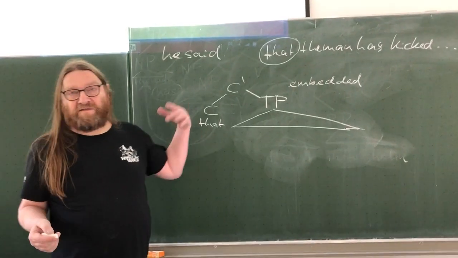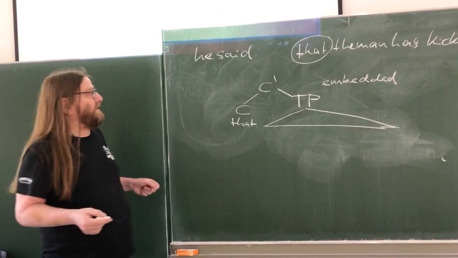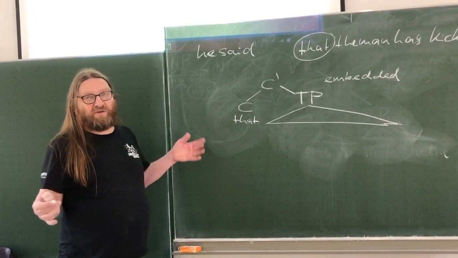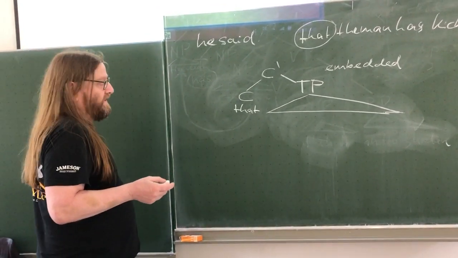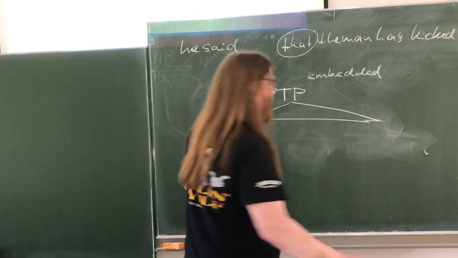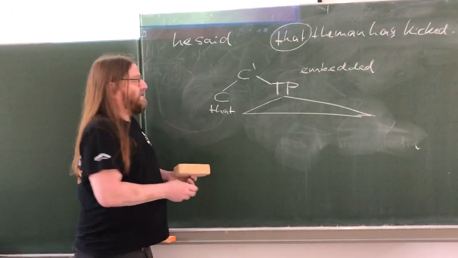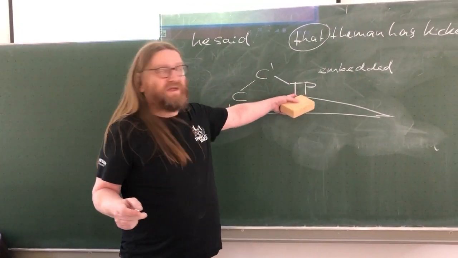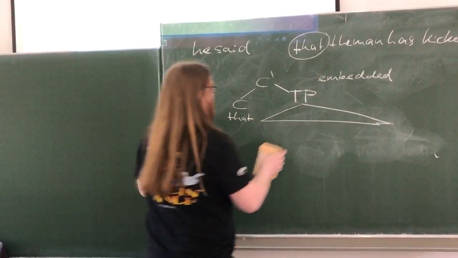He said the man has kicked, that's fine. In German you cannot do that. Er sagte, dass der Mann es getan hat. You can't delete the dass like you can in English. Okay, but it turns out that this position above the TP is also important in main clauses.